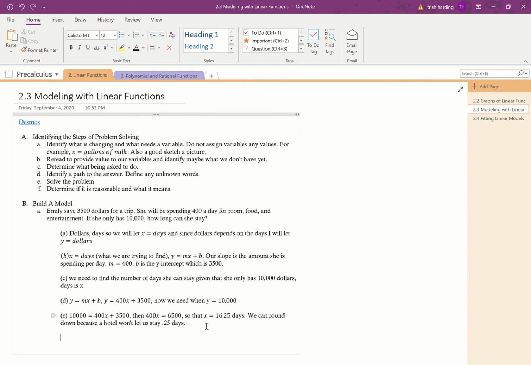So is this reasonable? This is reasonable. She would be able to stay for quite a while if it only cost her $400 a day. It means that Emily will be broke after 16 days, and she'll have to come home.